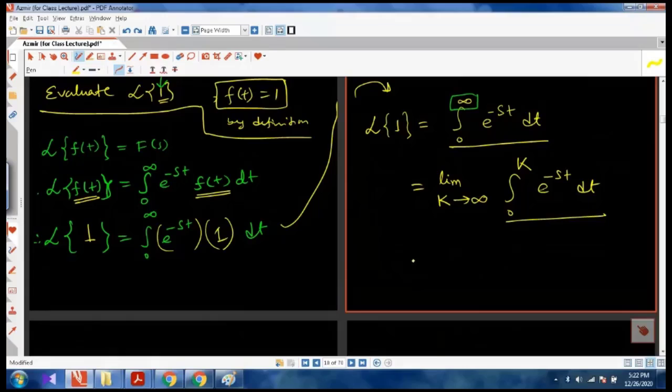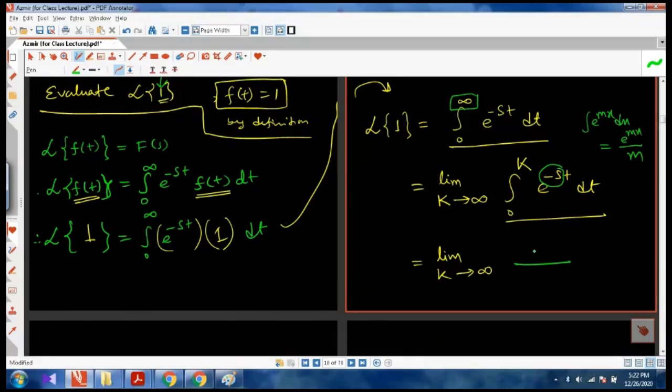So now, limit k tends to infinity. You know the formula from integral calculus that the integration of e to the power mx dx is nothing but e to the power mx by m, right? So we'll apply the same formula here with e to the power minus st dt.